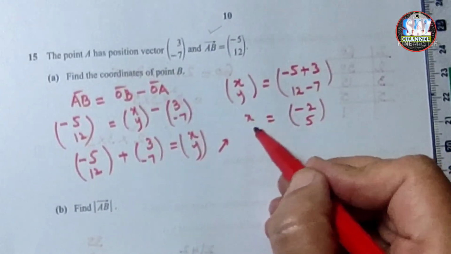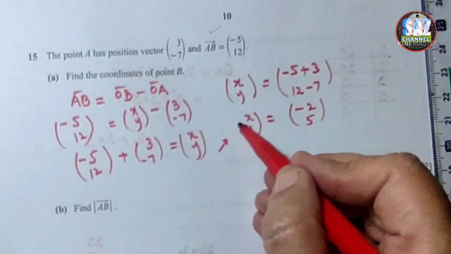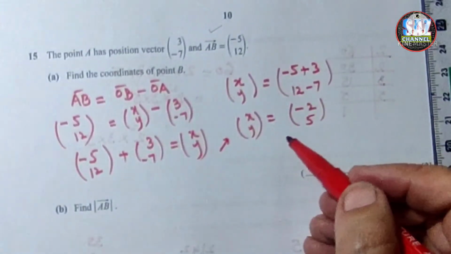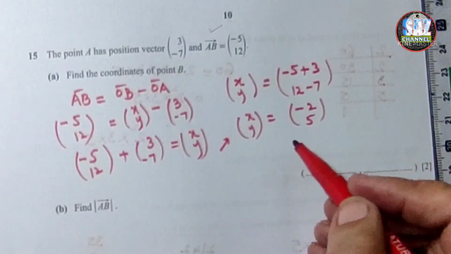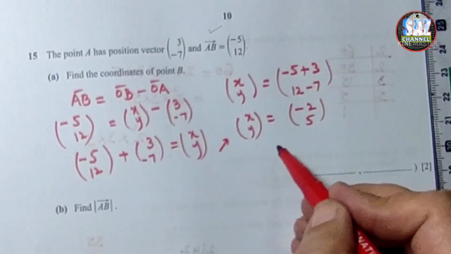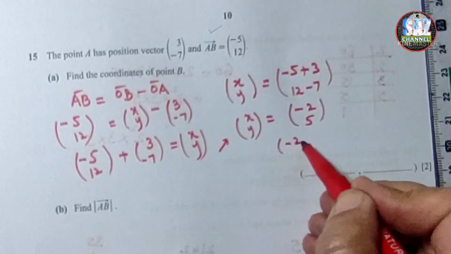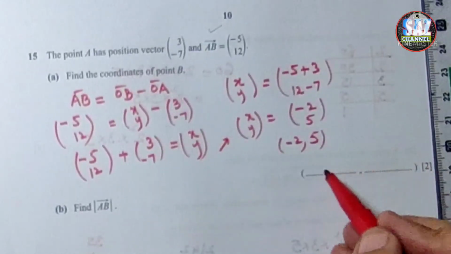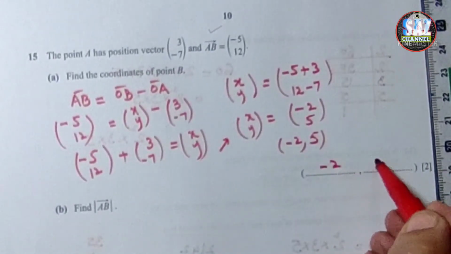But the question says the coordinates of point B, so the point is not in the form of column vectors. So the coordinates of point B will be -2 and 5. I have to write it in this way.